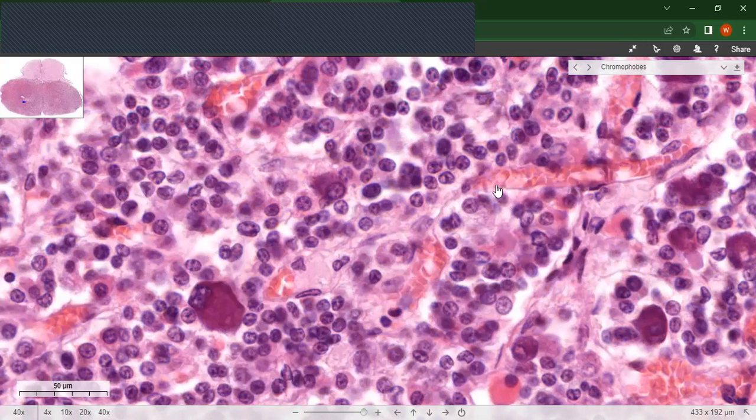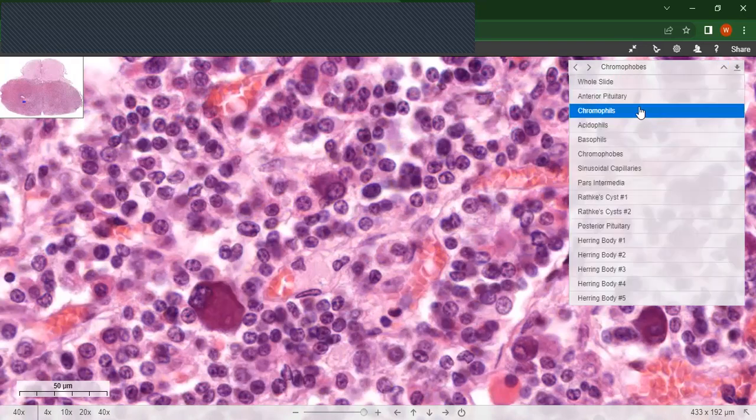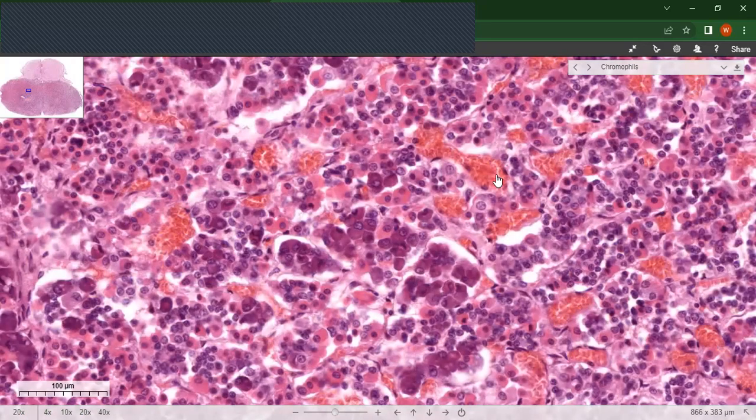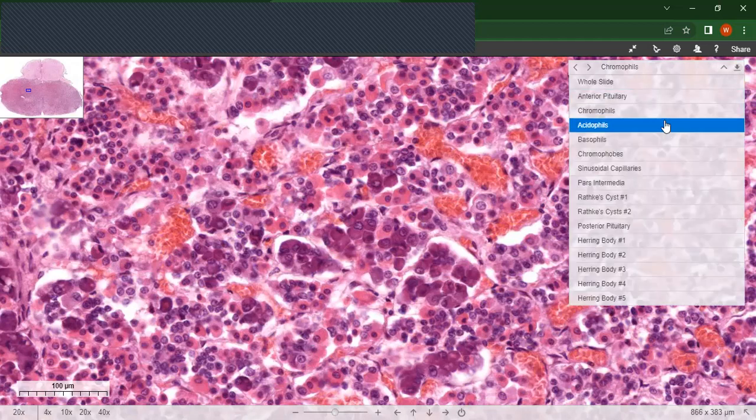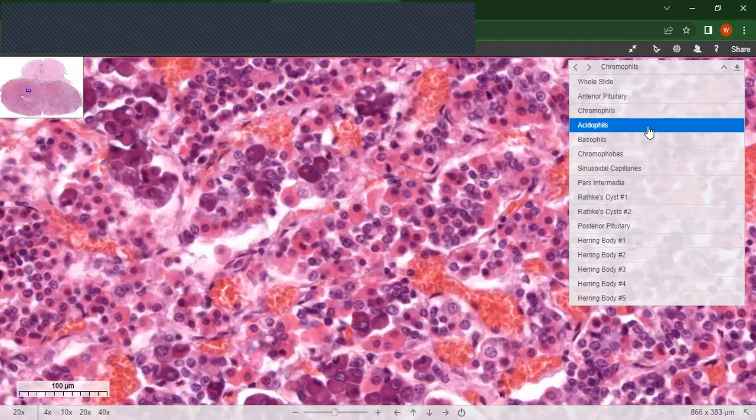Here you can see a sinusoidal capillary. Let's look at the chromophils. They take up the stains, and they are of two types. There are those taking up the stain and becoming somewhat purple. Then there are the other ones taking up the stain and becoming red or pink.